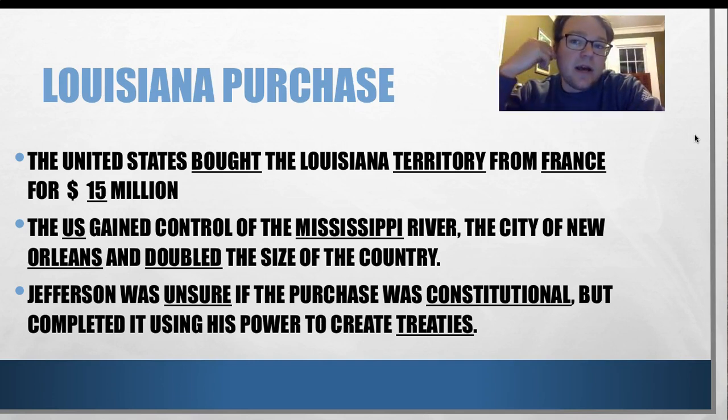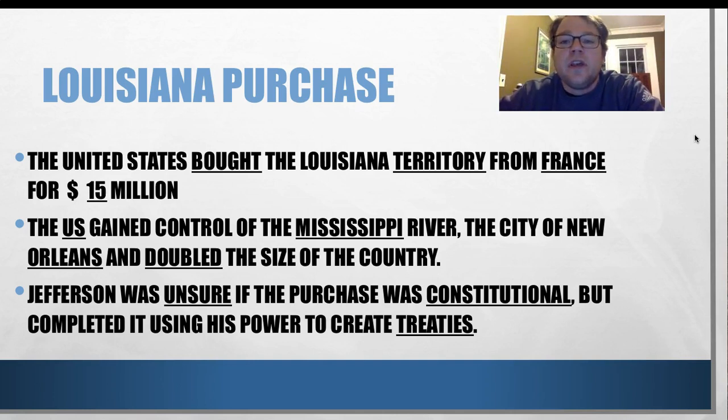The crazy thing about this is Jefferson wasn't sure he could do this. There was really nothing in the Constitution about acquiring land. There was nothing in the Constitution that said, this is what you do if you want to purchase something from another country. And the Federalists jumped all over him on this, saying, "Oh, you wanted to be this small government guy, and you're creating more government powers.